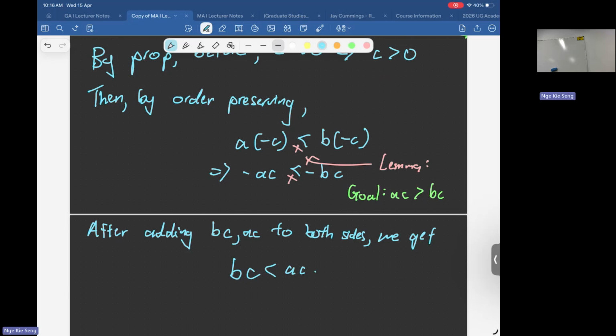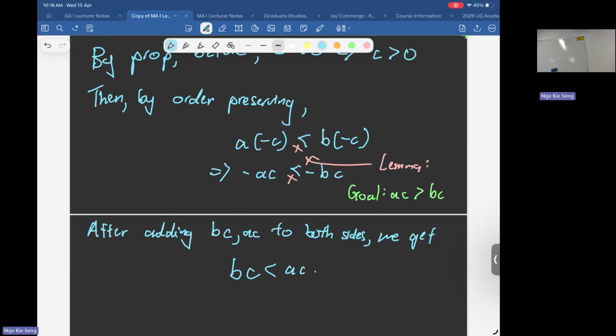Maybe you say take AC plus AC on both sides. So you want to check whether AC minus BC is greater than 0 or not. If you add AC to both sides, then what does it say? AC minus BC is greater than 0.